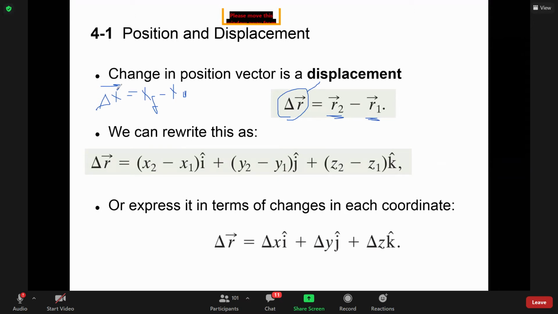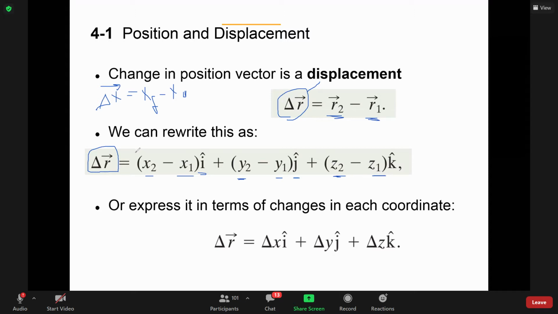Now, if I have a final position in space and an initial position in space, the difference between each dimension, as a vector summation, is what's called displacement. So delta R, the displacement, is the final X minus initial X, times I hat, plus final Y minus initial Y, J hat, plus final Z minus initial Z, K hat.